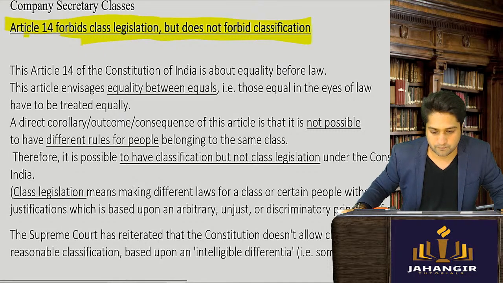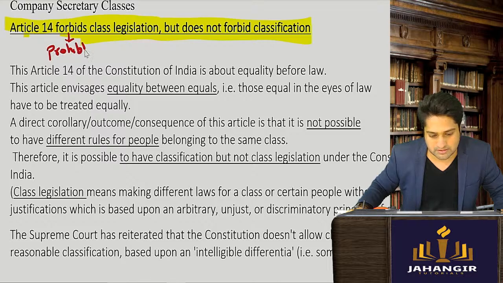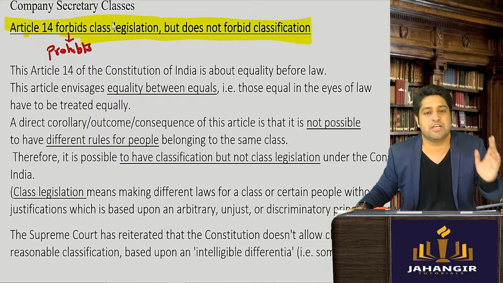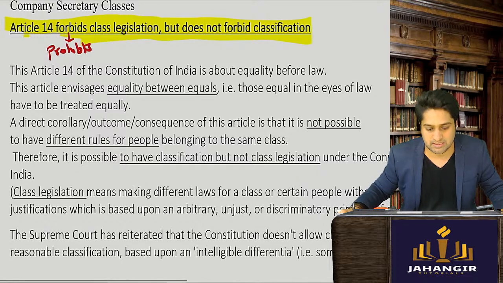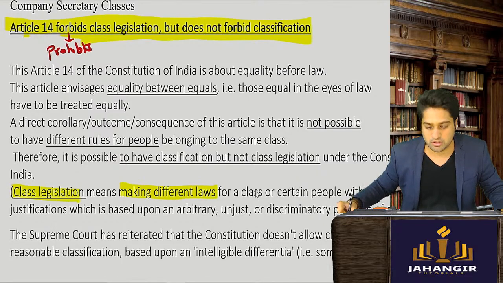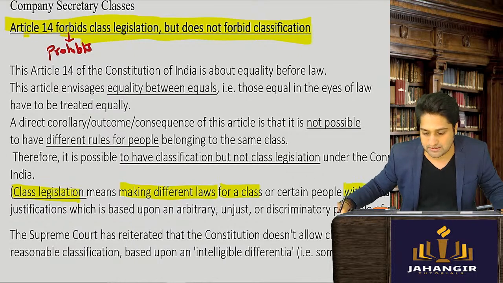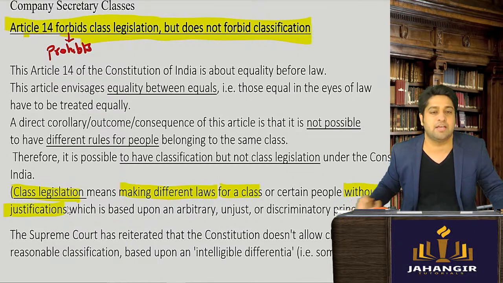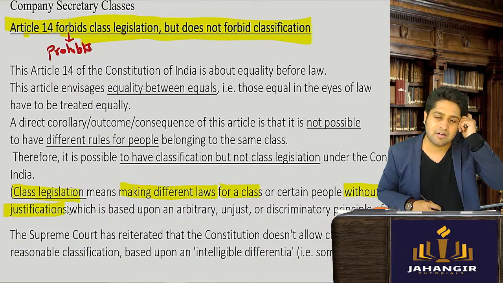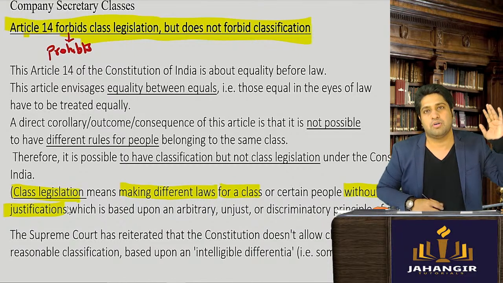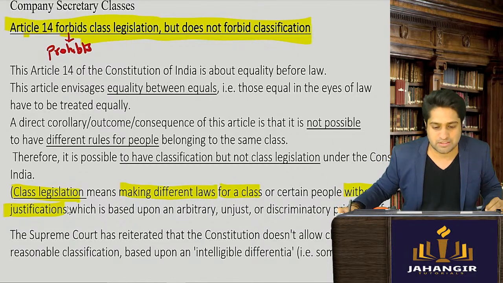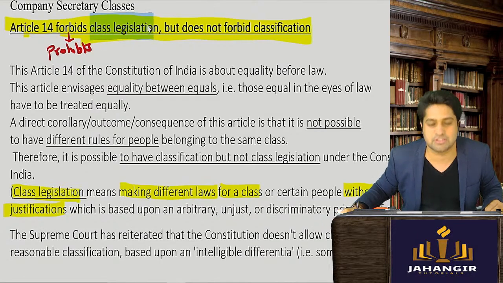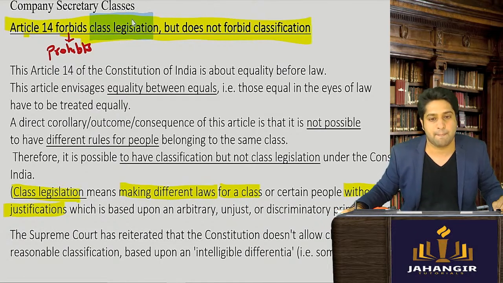It prohibits class legislation. Now what do you mean by the term class legislation? Class legislation means making different laws for a different class without any lawful justification. So if I make a random law discriminating people, that is called class legislation. That is not allowed.